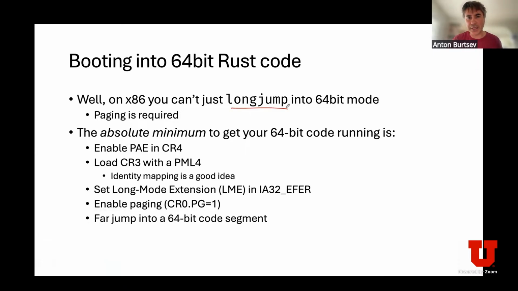So you cannot just say long jump into 64-bit mode. At a high level, you need at least some page table. And we'll discuss today in a second what page tables are possible. Again, since we're not going to use this page table for too much, we will just construct the simplest possible page table. But the absolute minimum instruction sequence which you have to do is that you essentially say, I created some page table.